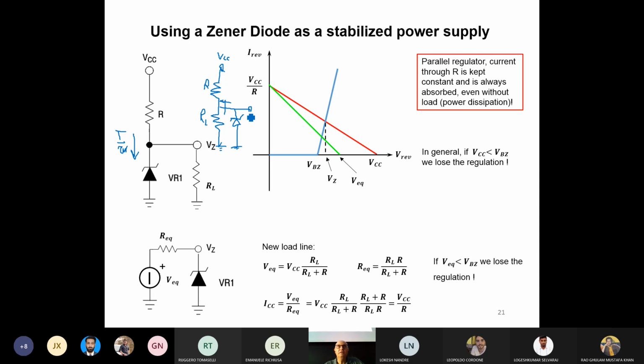And I can calculate the Thevenin equivalent for this voltage divider. That's what I've done here. You see, I placed instead of VCC and those two resistances, R and RL, an equivalent circuit according to Thevenin. V equivalent, R equivalent. And the Zener diode.